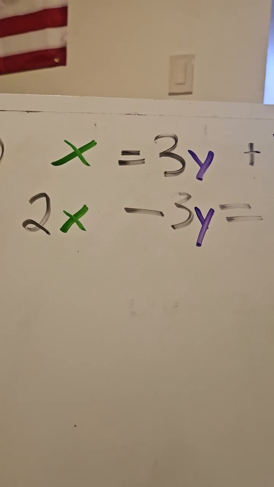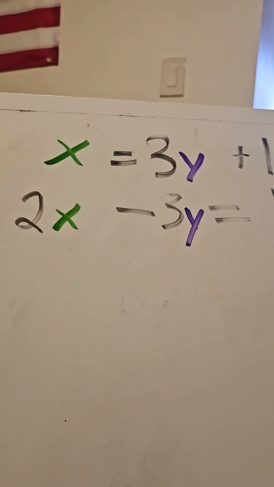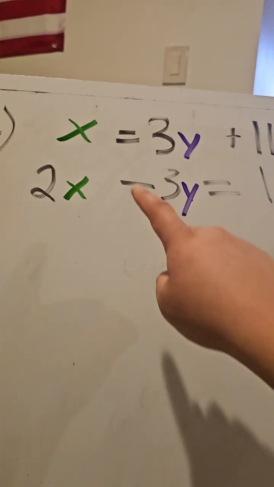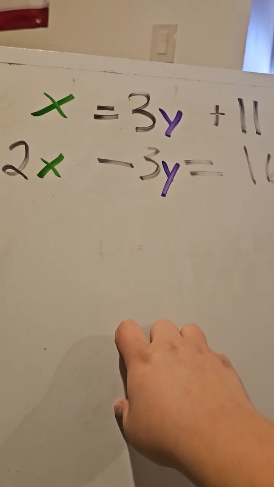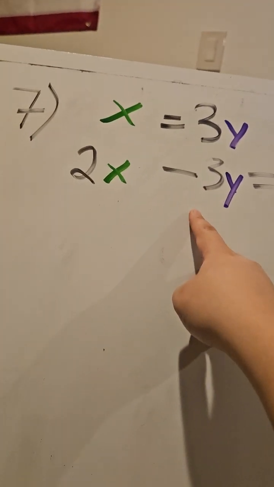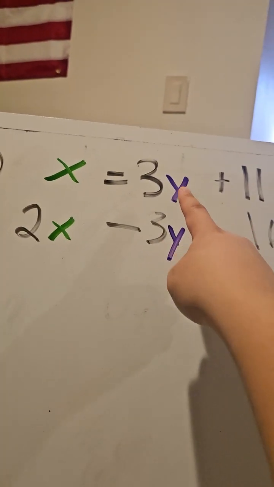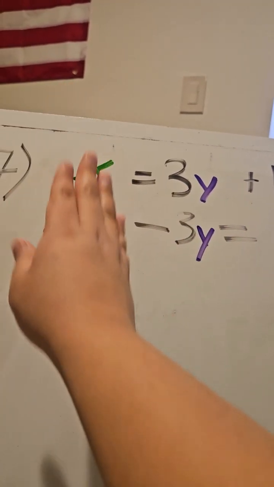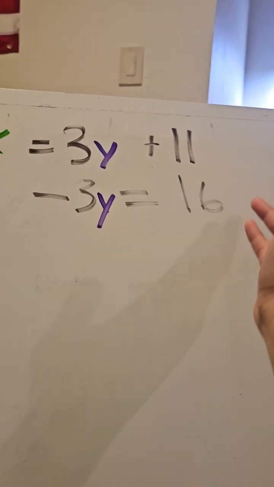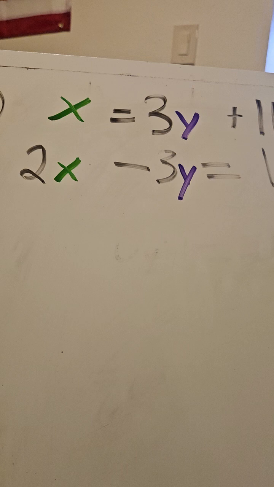What I think would be the easiest solution here is to match them. So instead of rearranging everything, I'm just going to put y on the other side so that it matches this one, where it's x on one side by itself and then y and the random number by itself.